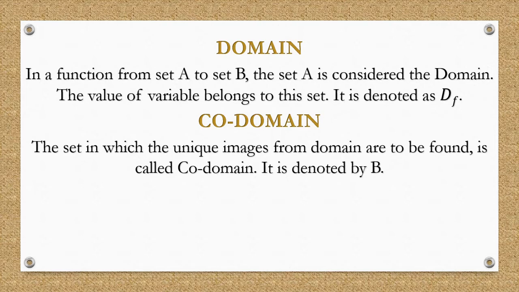We have two sets, A and B. So values of A put into the equation, getting images that must belong to set B, then that set B is known as the codomain. Don't worry, I am going to give you an example of this. Even if you are not getting it clearly right now, I will clear it up in the next slides.